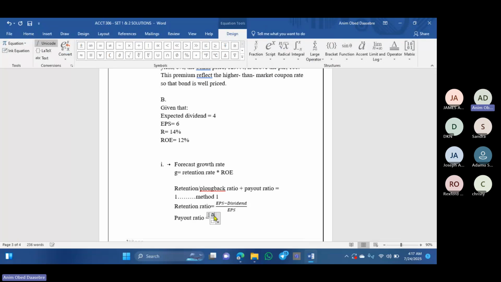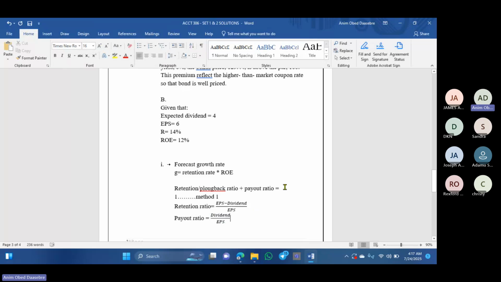Dividends is profit that we pay towards shareholders. So it is dividends divided by earnings per share. Either we use this approach or use the second approach.